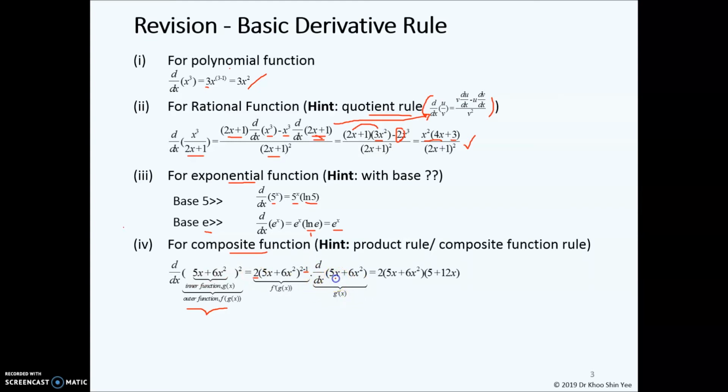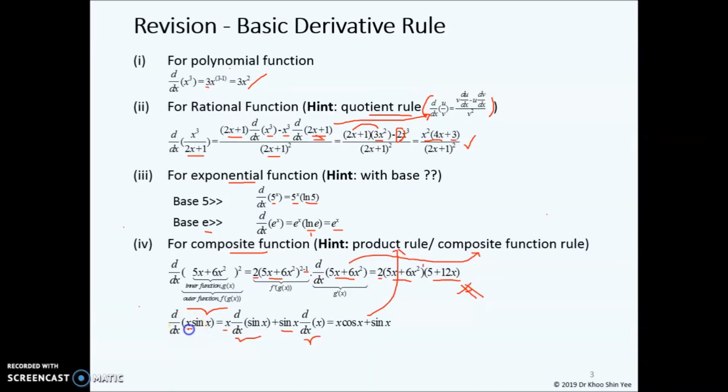You differentiate the inner part, and you get 5 plus 12x. The 2 is here, this one remains, and 2 minus 1 gives the power of 1. So this is your answer.